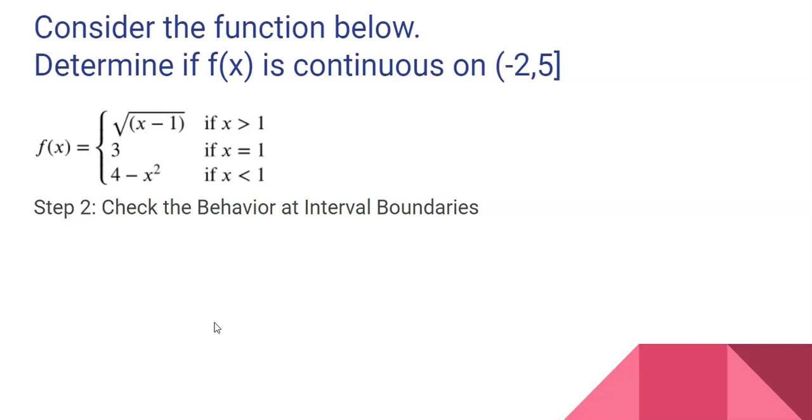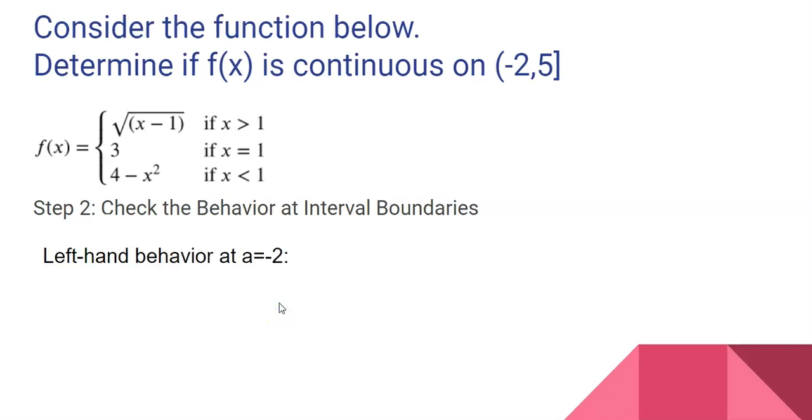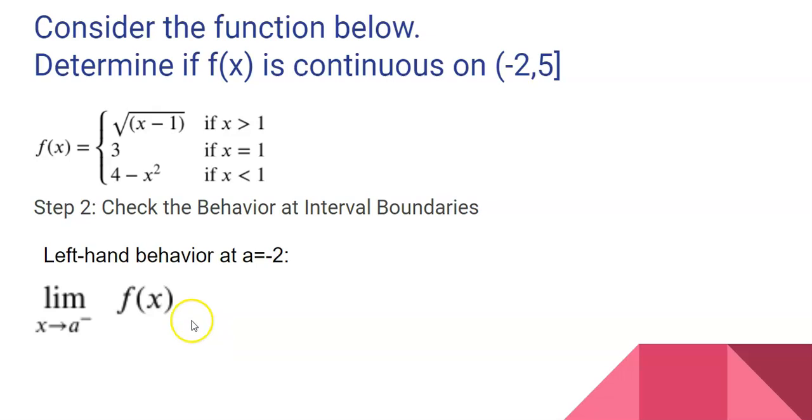After evaluating f of a, let's evaluate the limit by checking whether the left-hand limit and the right-hand limit of the function f of x exist as x approaches the left or lower boundary negative 2. We're going to compute the limit of the piecewise function as x approaches the left boundary a, that's negative 2, at the left side, or less than negative 2 and very close to negative 2.